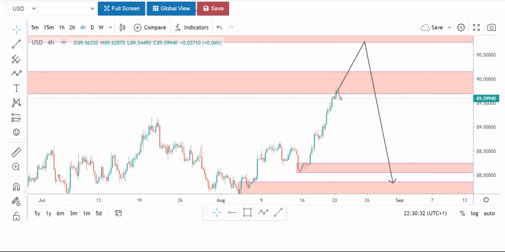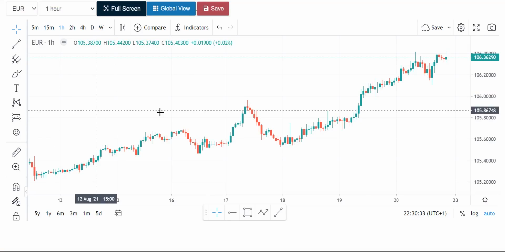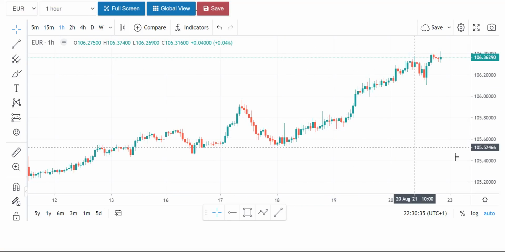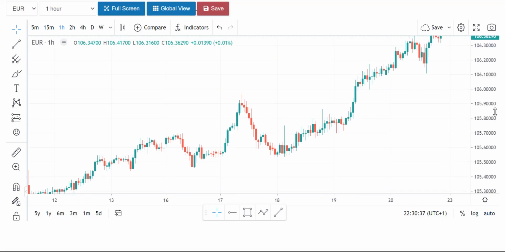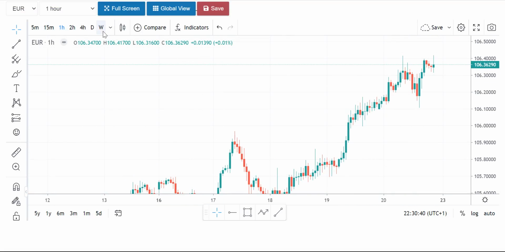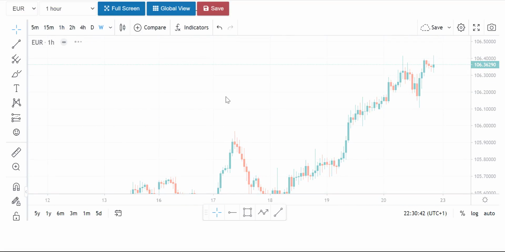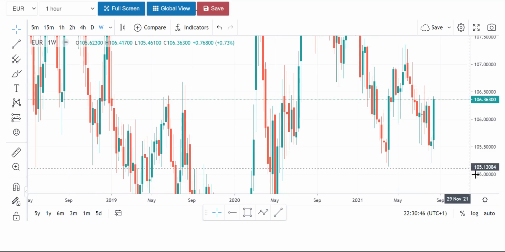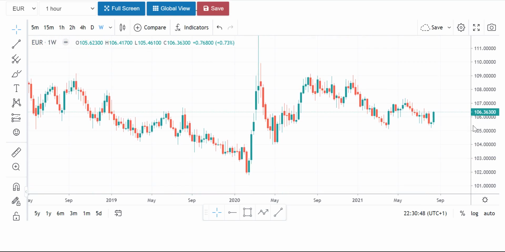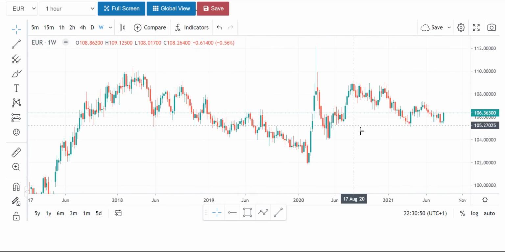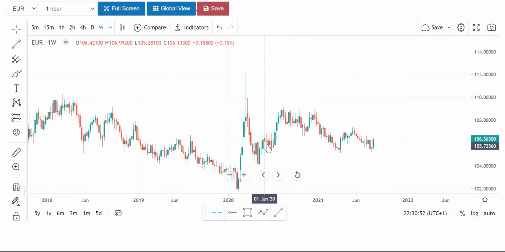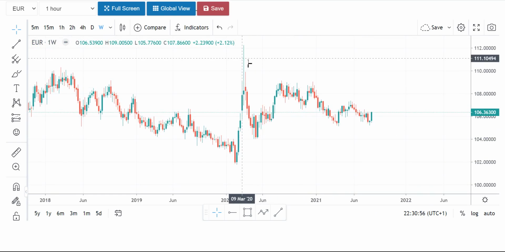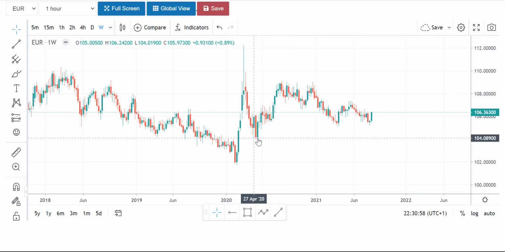Now let's move to the second index which we are going to be taking, and that is euro. Now we'll start our analysis from the weekly time frame. Now, what do we have on the weekly time frame? If you look carefully, you will see that the euro on the weekly time frame has finished its up move and the retracement.